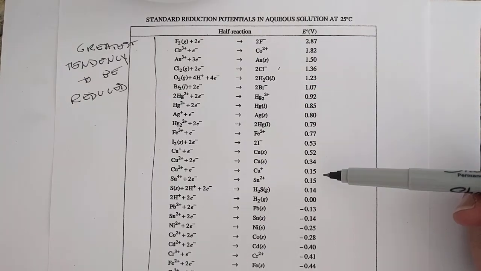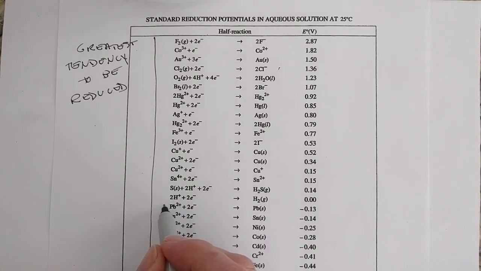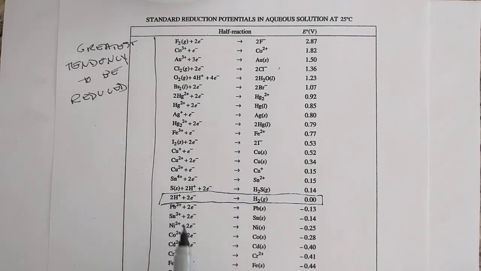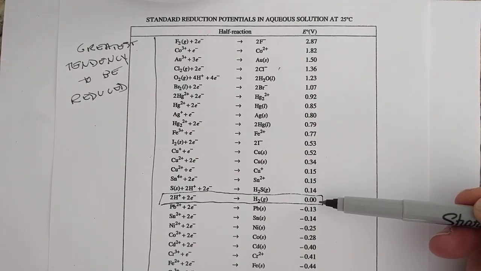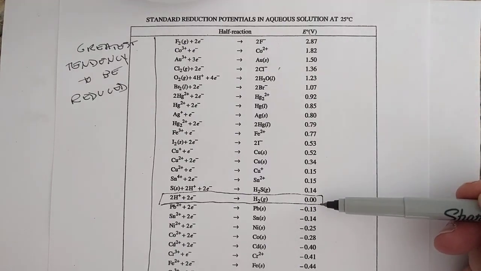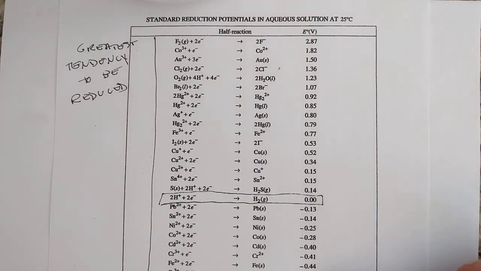And as we go down this chart, we can see right here we have 0. So when hydrogen ions are reduced to hydrogen gas, that potential has been designated as 0, and everything else is relative to that. So anything above hydrogen has a greater tendency to reduce than the hydrogen ion. Everything below has a lesser tendency to be reduced than the hydrogen ion.